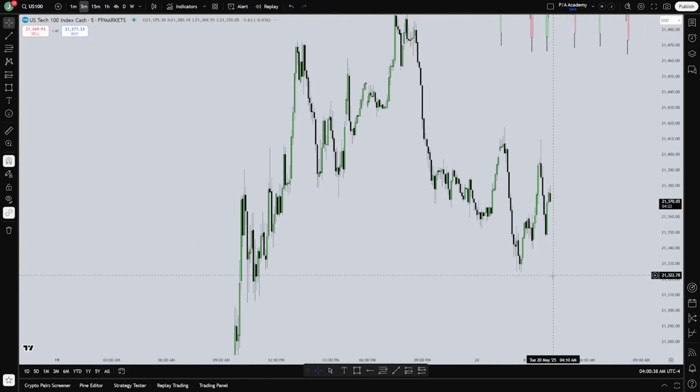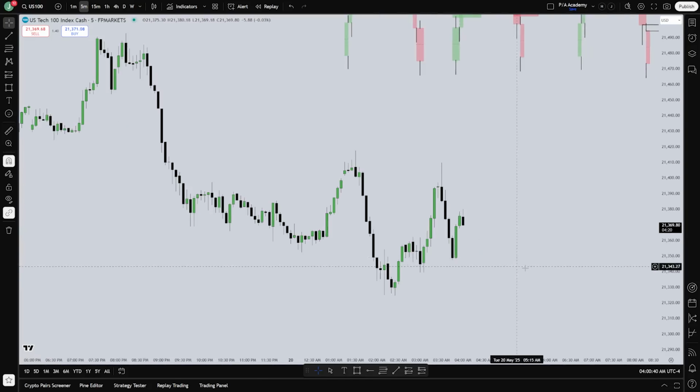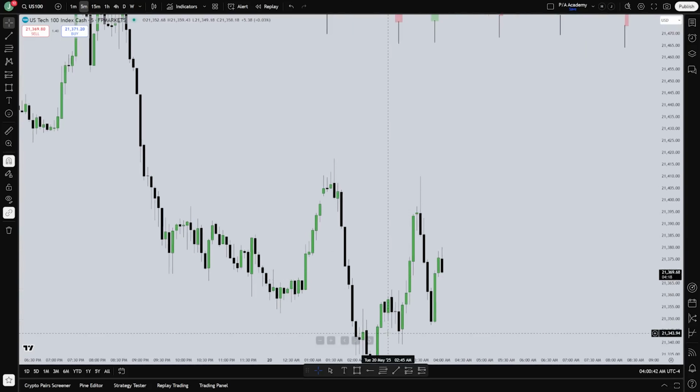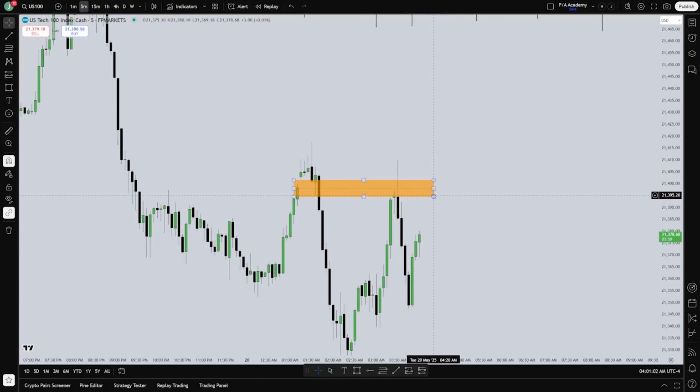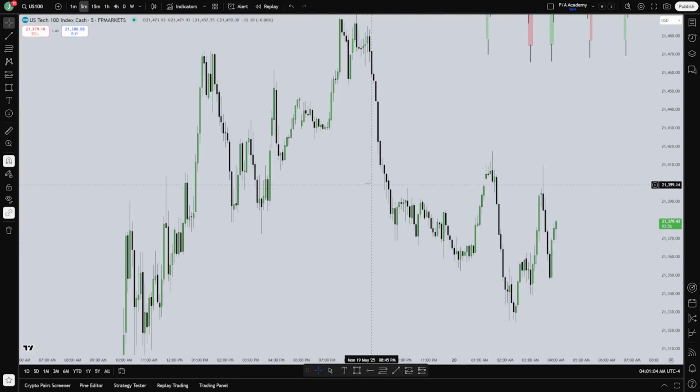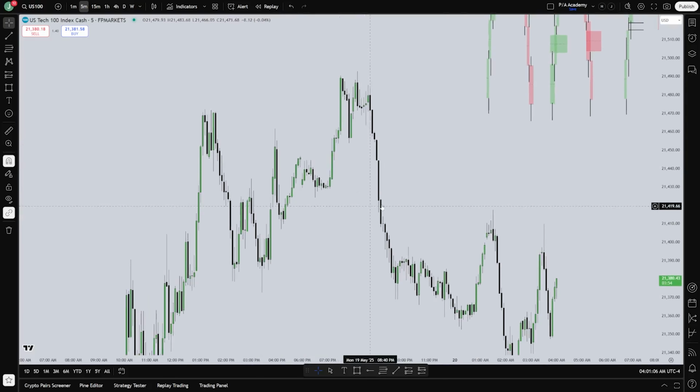Let's go up a time frame just so it's cleaner. So right here, look at the bodies holding. We have an inversion, bullish, that broke to the downside, came back up, smashed lower. Let's do a bearish one.